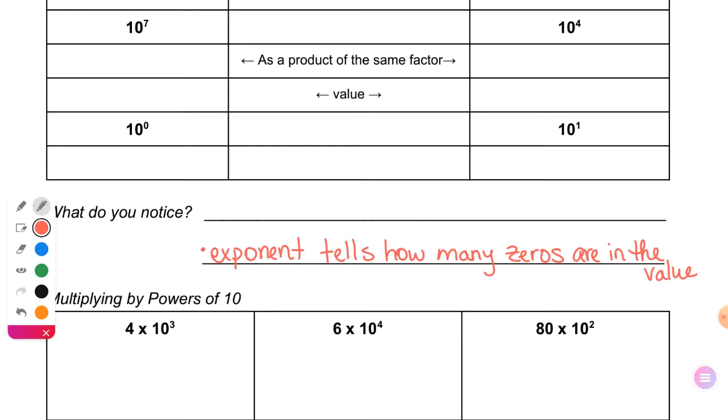So because of the order of operations, when we get to these next problems, it has two operations in it. It has multiplication and it has exponents. If we follow the order of operations, which we must follow in order to get the right answer, we have to do our exponents first.